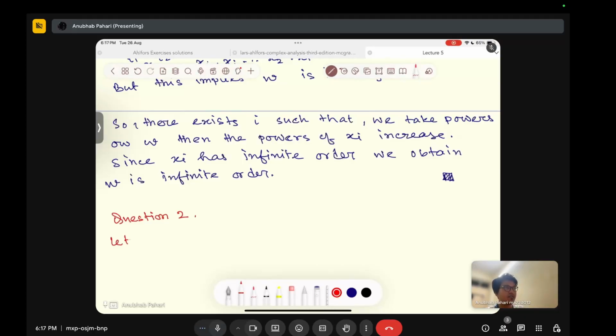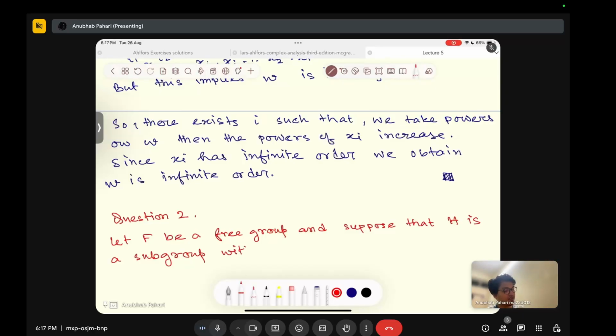Let F be a free group and suppose that H is a subgroup with finite index.